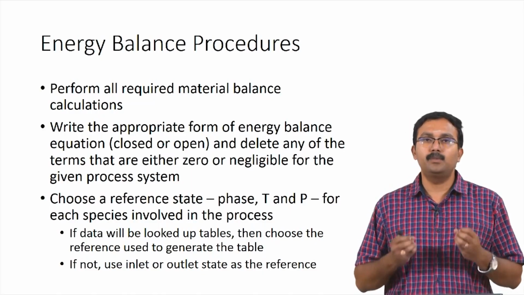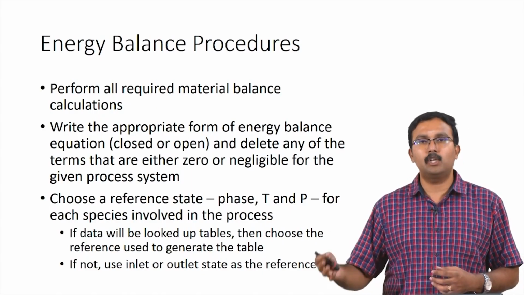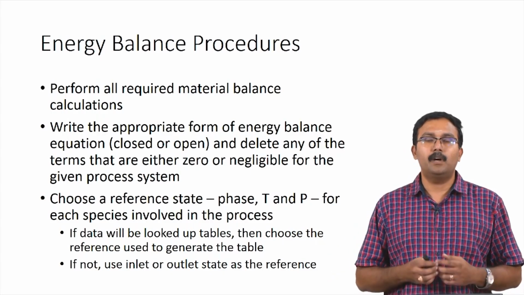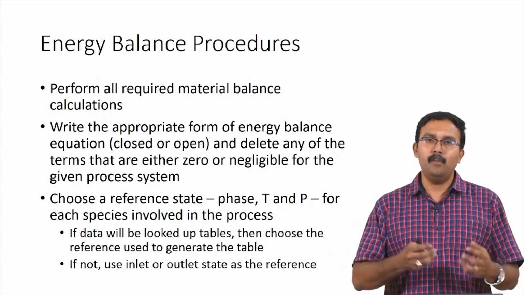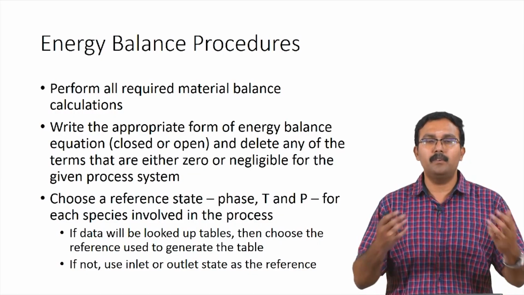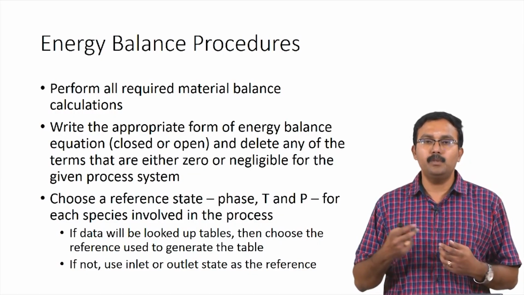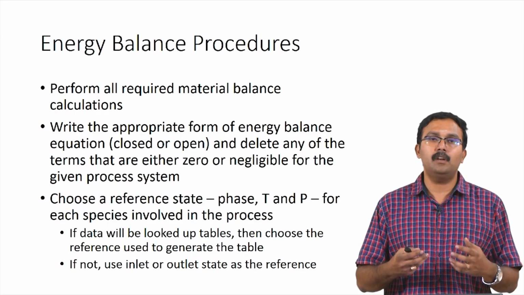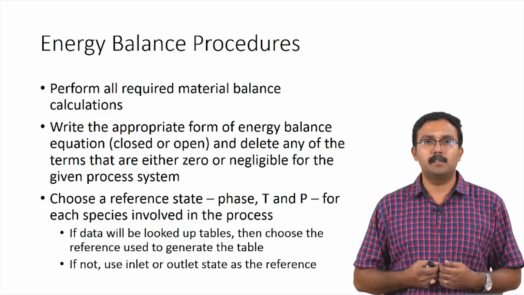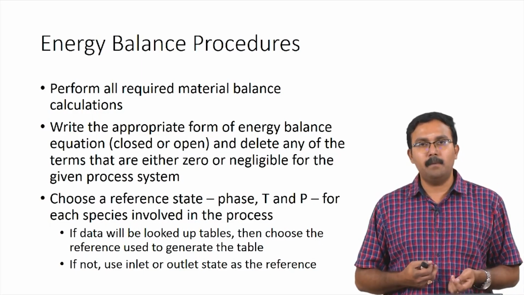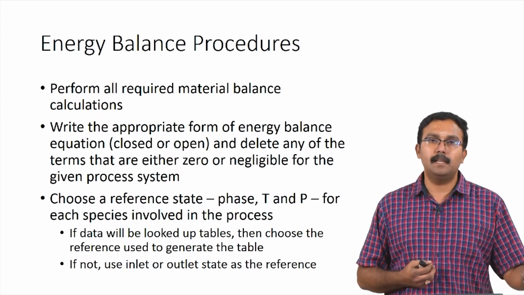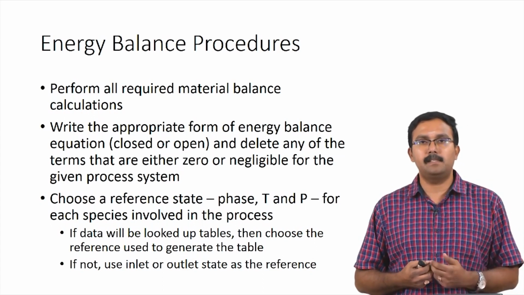You can actually choose different reference states for different components in the system. If you have a 4 component system, all 4 components can actually have 4 different reference states, and you can choose the reference states based on how you are going to perform the calculations. If data is available from a table, then the reference state used in the table might be the most appropriate reference state to use.